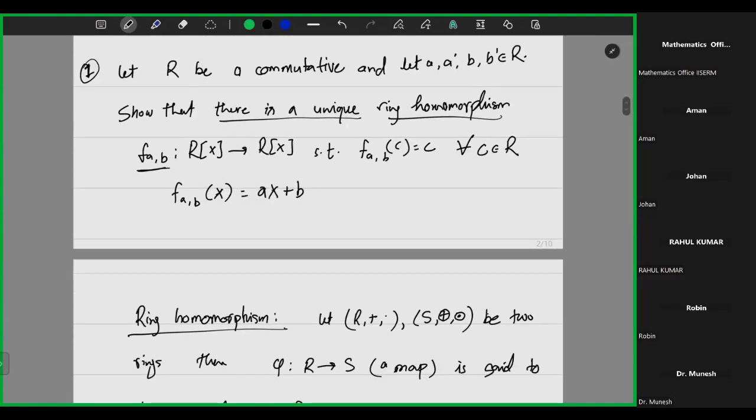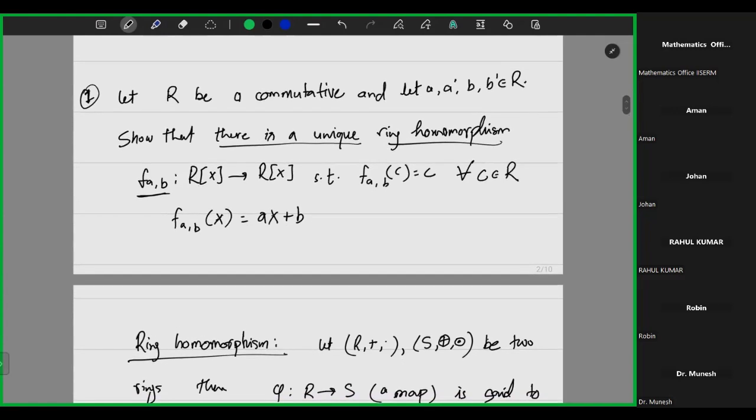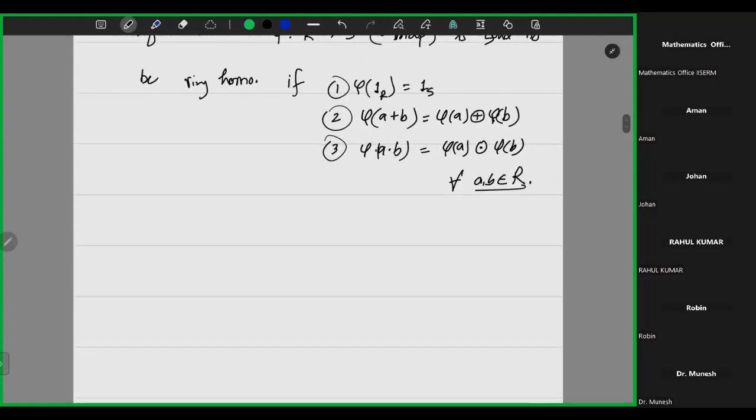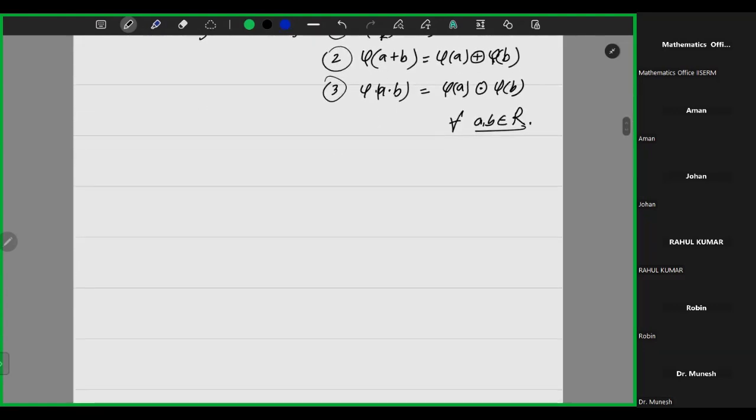Now we are coming to our question. R is a commutative ring, and we are talking about homomorphism in the polynomial ring, such that it acts on constants as identity and on X like this. So let's see how to do this.